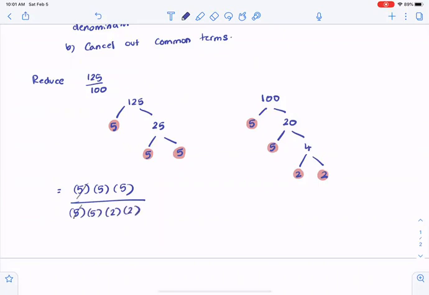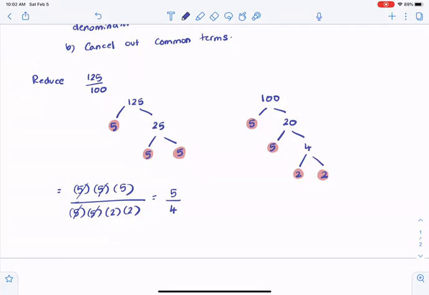The 5s would get cancelled. We get 5 divided by 4. You can't reduce this further. This is the best I could do, because for me to get rid of more terms, it's just not going to be possible.